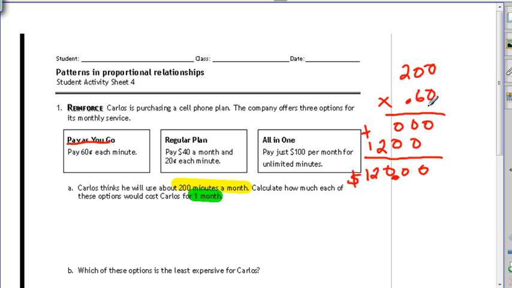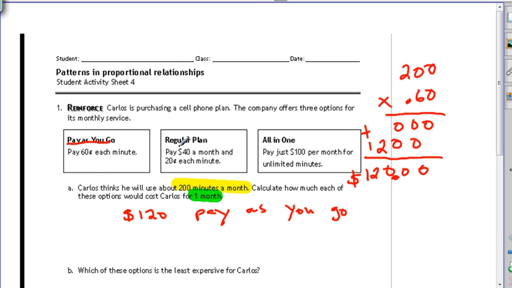So for me, I've got 2 numbers behind the decimal. That means my answer needs 2 numbers behind the decimal. So Pay As You Go is $120. All right, so that's $120.